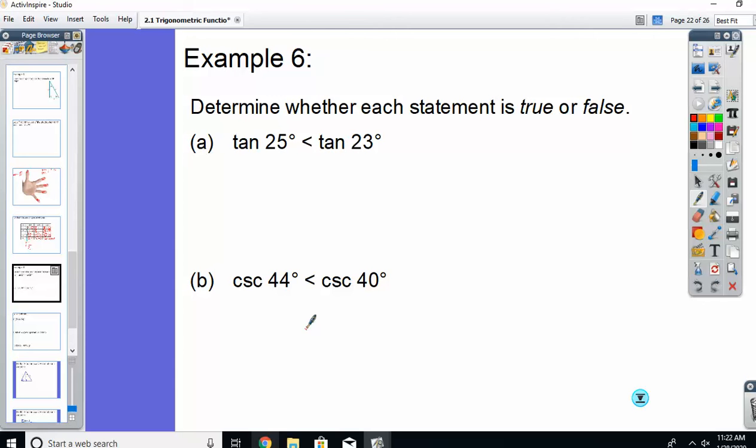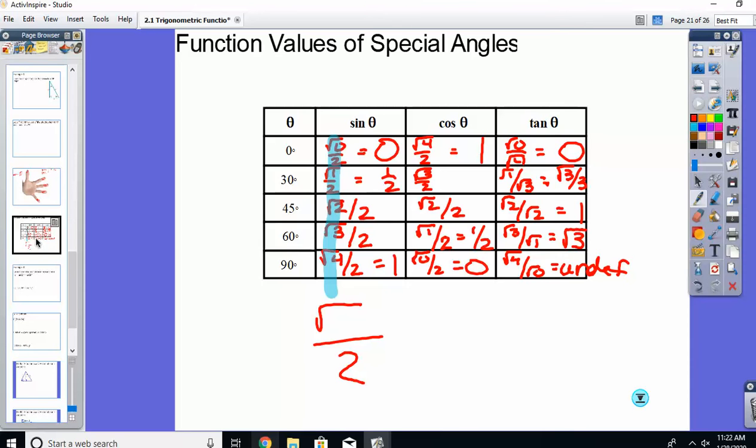Tangent of 25 degrees is less than the tangent of 23 degrees. Let's just look at our table for a minute. What's happening as our angle goes up? Are these numbers getting bigger or smaller?